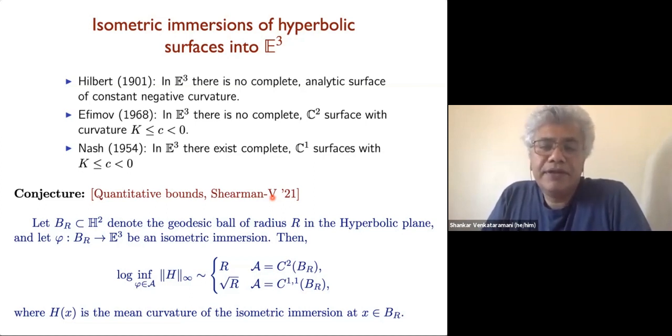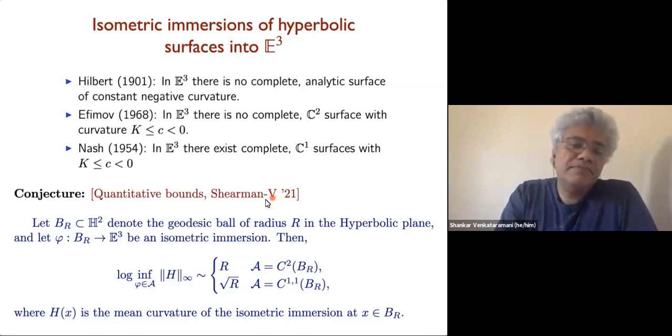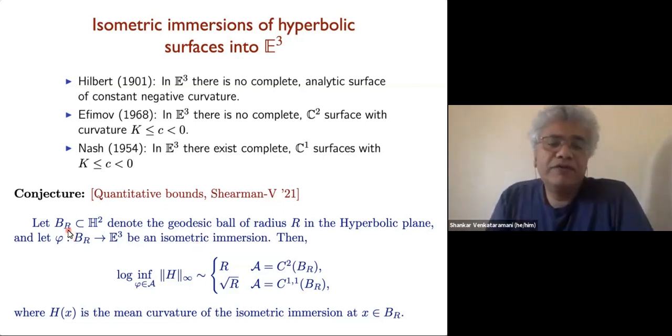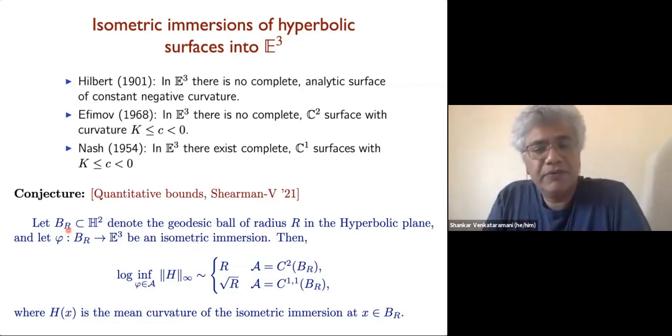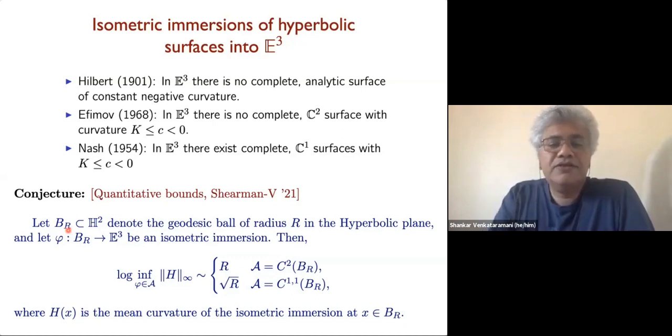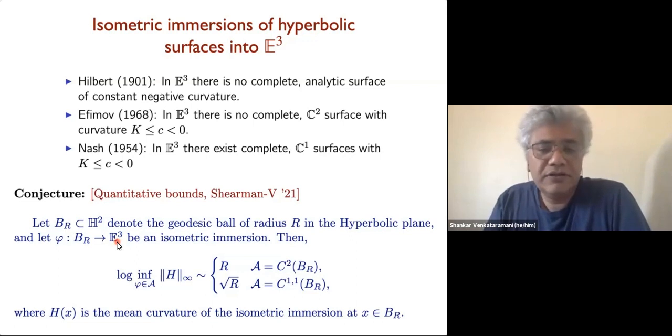And in particular, how do these quantitative bounds depend on the class of smoothness? So B_R, I'll denote the ball of radius R in the hyperbolic plane, and this is going to be isometrically immersed into R3, or Euclidean 3-space.